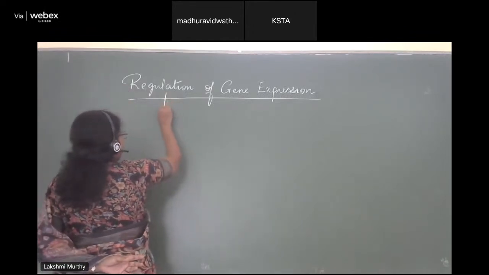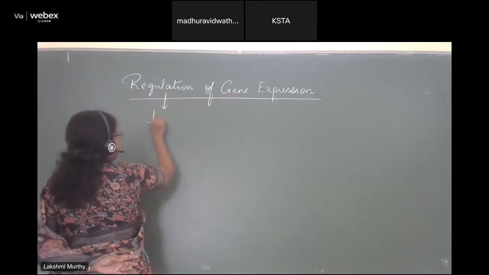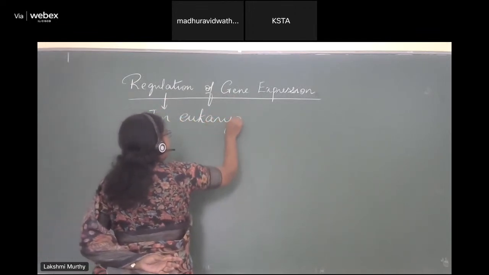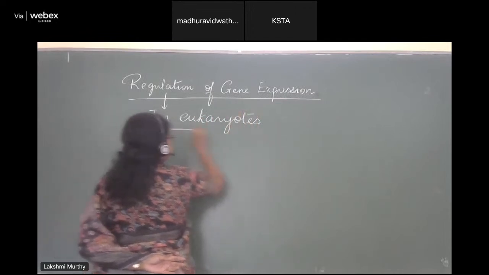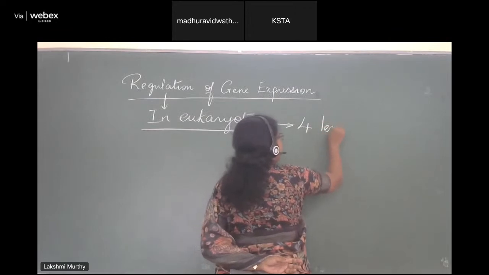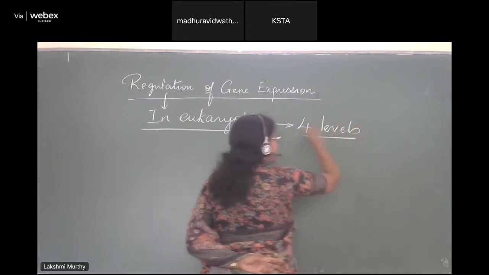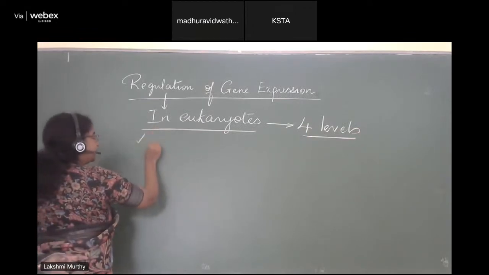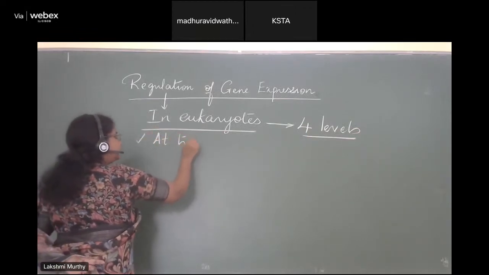So regulation of gene expression in eukaryotes is going to occur at 4 different levels. What are the 4 levels at which this regulation is going to occur? Regulation occurs at the transcription level.